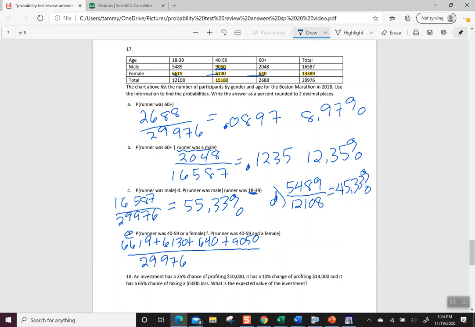Okay, so we have to get that total and then divide. That total is, let me put it in my regular calculator. So 6619 plus 6130 plus 640 plus 9,050. This is 22,439 divided by 29,976.